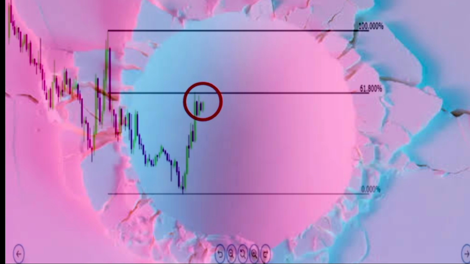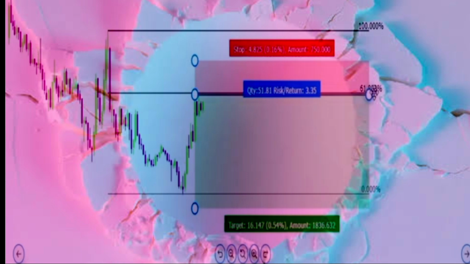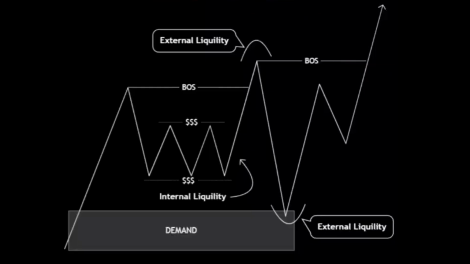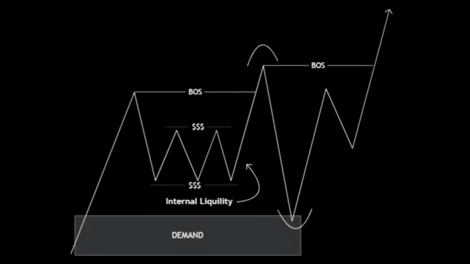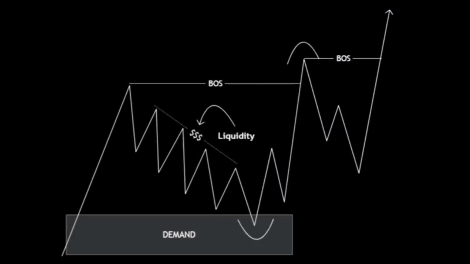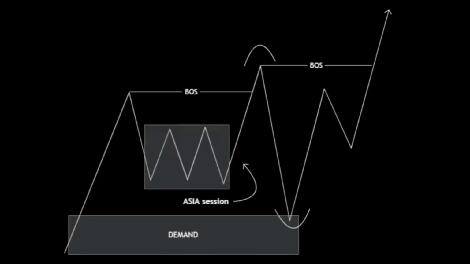To manage our trade, we set our risk-to-reward ratio at 3-to-1. As the trade progresses, the market respects the downtrend and moves in our favor, ultimately resulting in a profitable trade. By combining multi-time frame analysis with Fibonacci retracement levels, we effectively identify pullback opportunities in a downtrending market, leading to successful and profitable trades.